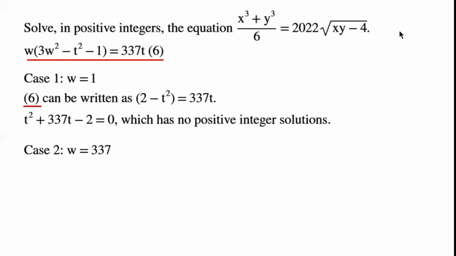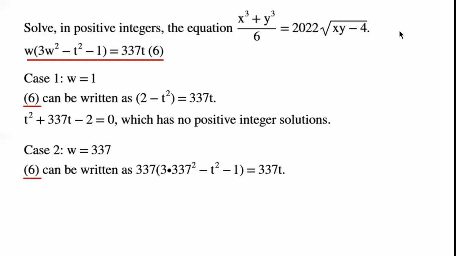Case 2, w equals 337. Equation 6 can be written as 337 times (3 times 337 squared minus t squared minus 1) equals 337t.